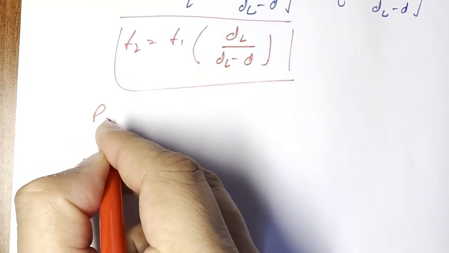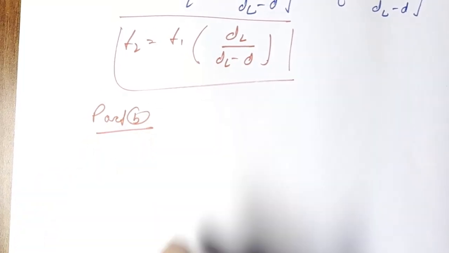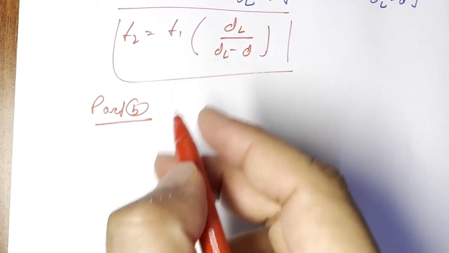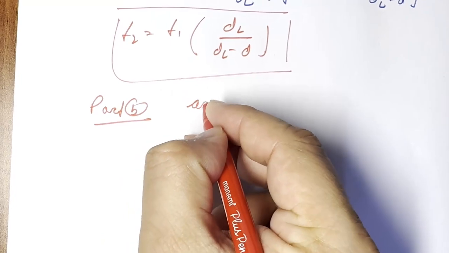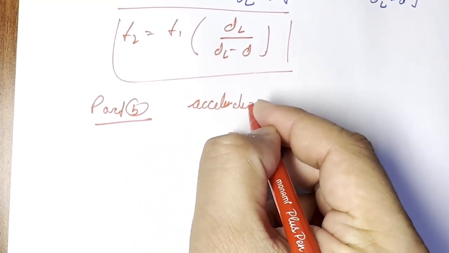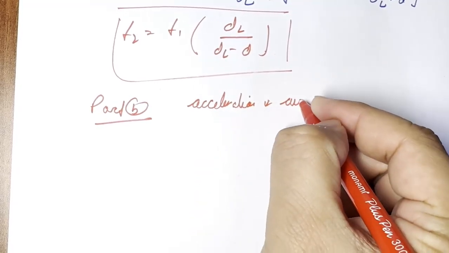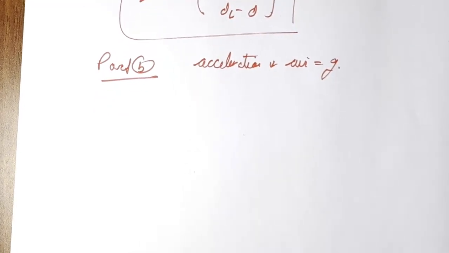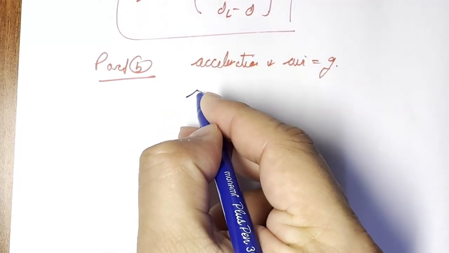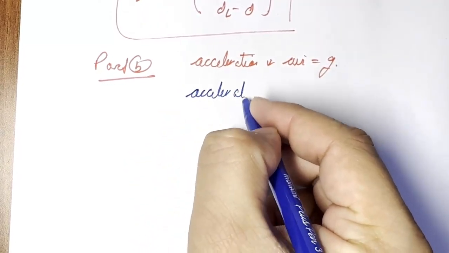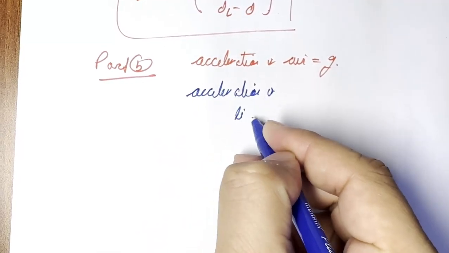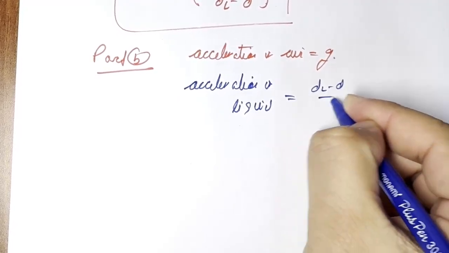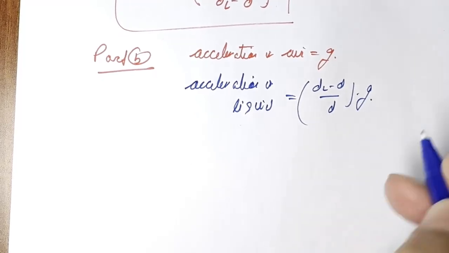But let us solve this as part B. We know that acceleration in air is given as g, and acceleration in liquid, which is basically retardation, we found out was equal to (dl minus d) upon d multiplied by g.